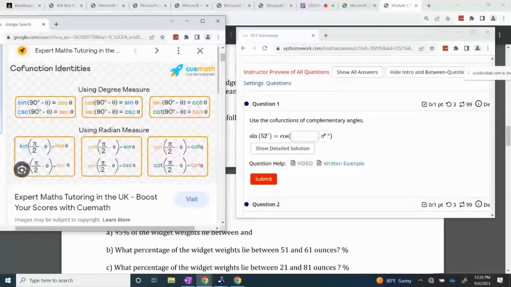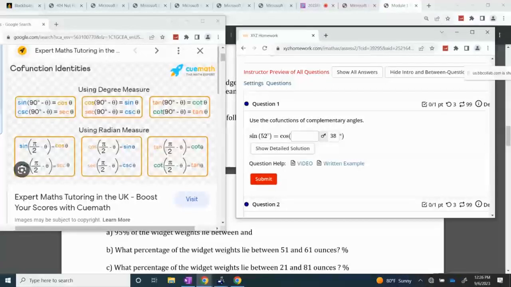So what's 90 minus 52? So that's 8, will be 40, no, 60. Is it 38 degrees? All right. So that's where I get 38 from. I just use this first formula. I substituted theta for 52.